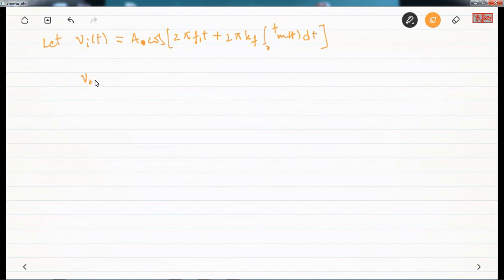Then what is its output? Output is equal to Vi square of t. So that is Ac square cos square of 2 pi f1t plus 2 pi kf integral 0 to t m of t dt.